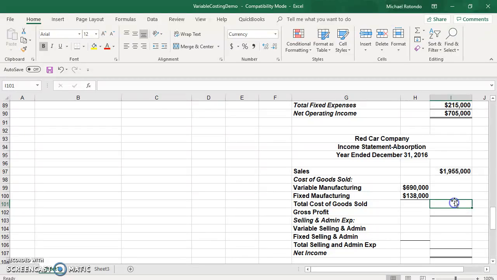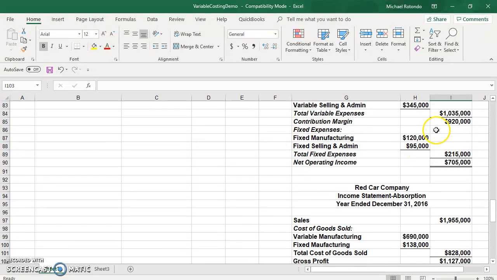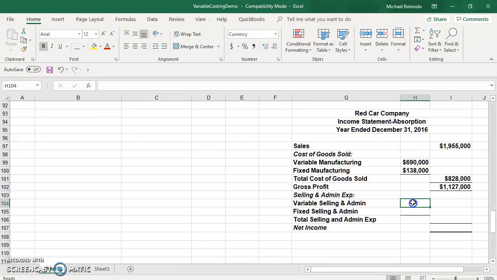So that's going to mean our cost of goods sold will be 828. So that's going to give us a gross profit of $1,127,000. Our variable selling and admin will be the same as it was up here, right? The 345.